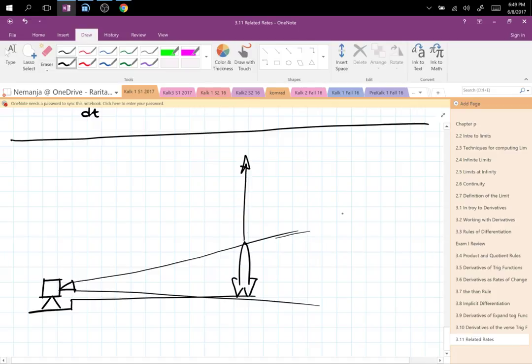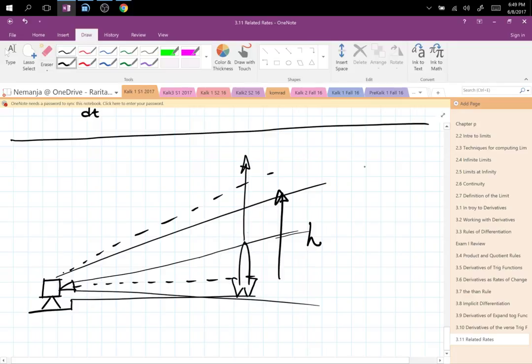Now, as the rocket goes up, meaning the height goes up, you want the center of the camera shooting the center of the rocket. You want the camera to rotate to still shoot the center of the rocket as the rocket is going up.